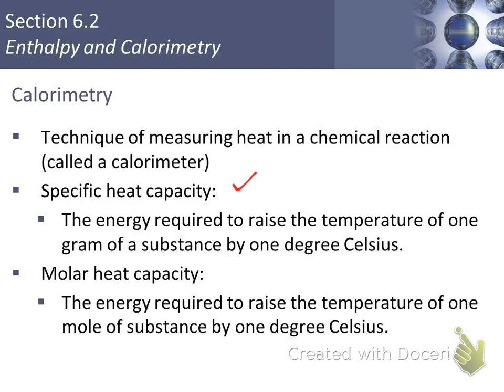So 0 Celsius is 273 Kelvin, okay? And 1 Celsius is 274 Kelvin. And 2 Celsius is 275 Kelvin. So the change in temperatures between Celsius and Kelvin, the change value is the same for those. Does that kind of make sense? Whereas 0 degrees Celsius is 32 degrees Fahrenheit.